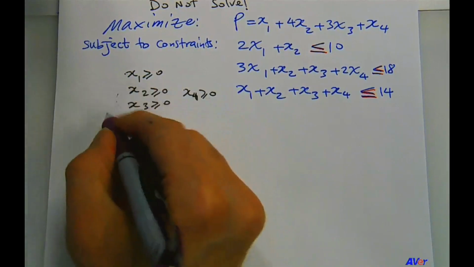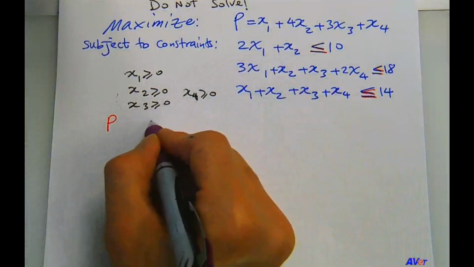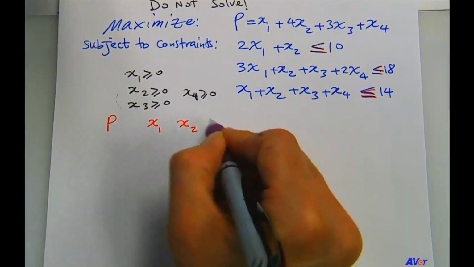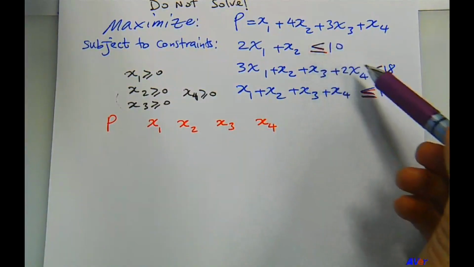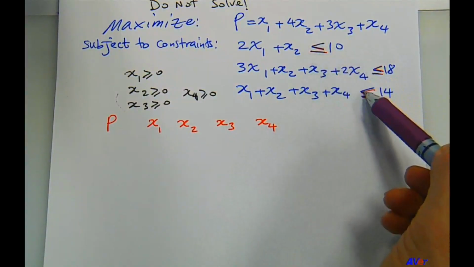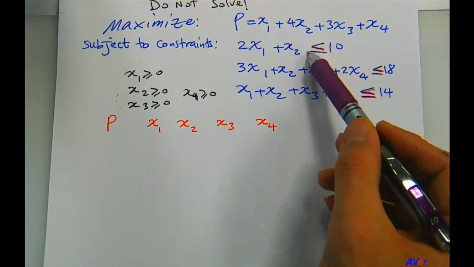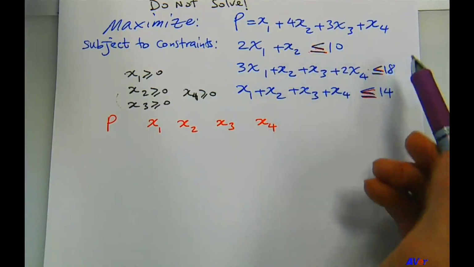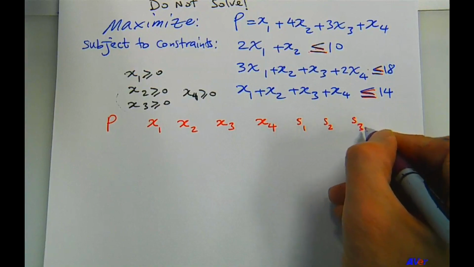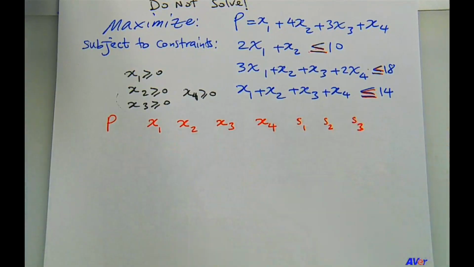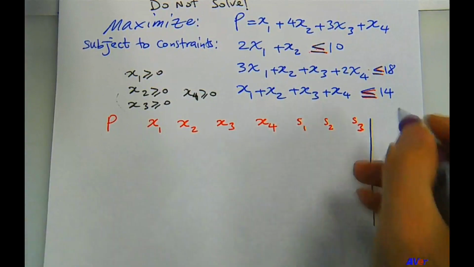So we have the P, we have 4 non-basic variables, so x1, x2, x3, x4. We have 3 constraint inequalities, so we need one slack variable to convert each one to an equality. So we have S1, S2, S3, and of course the other side is the right-hand side column.